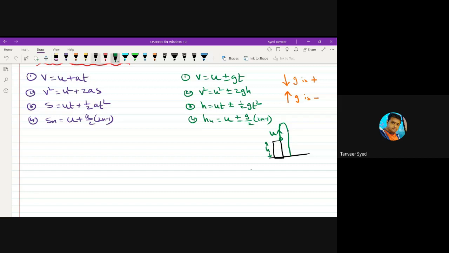Then in this case, what is the sign of g that you take? Should we take g positive or negative in this case? Is g positive or negative? Anyone? Positive, sir. Because why positive?